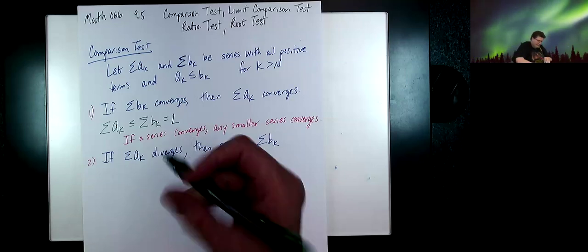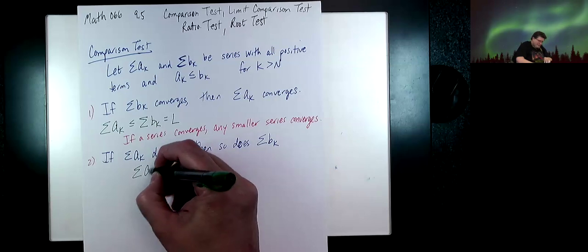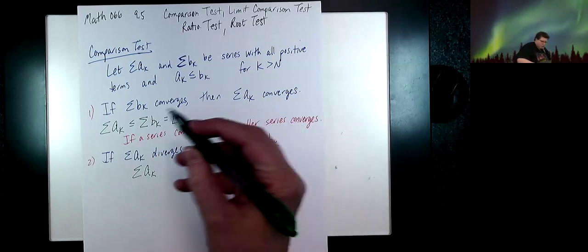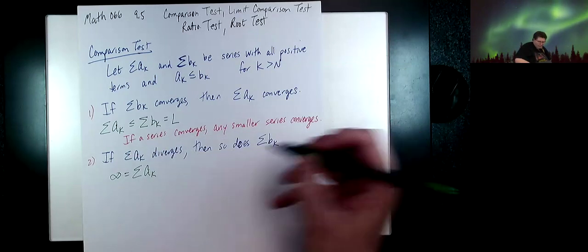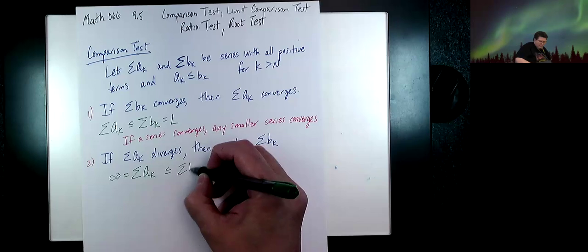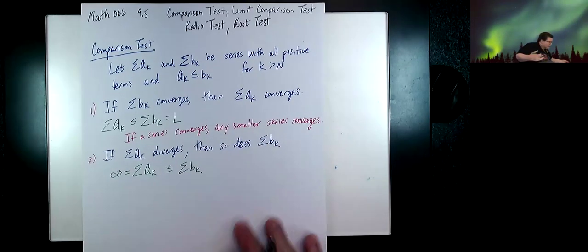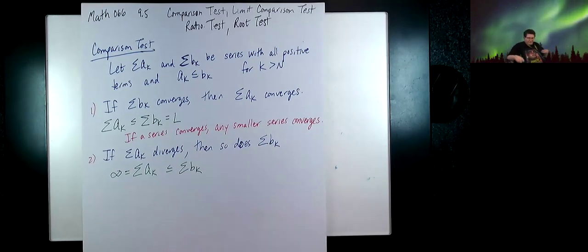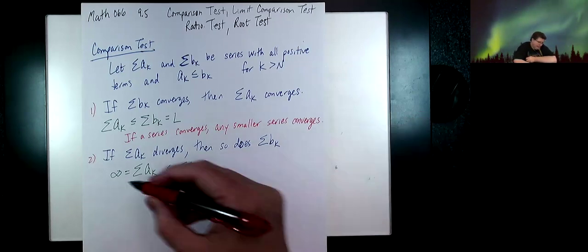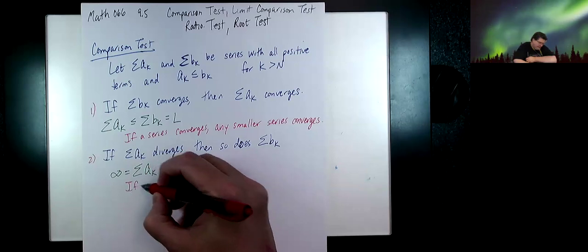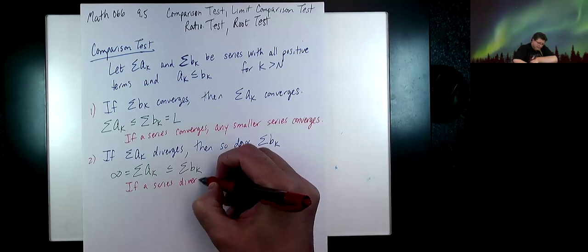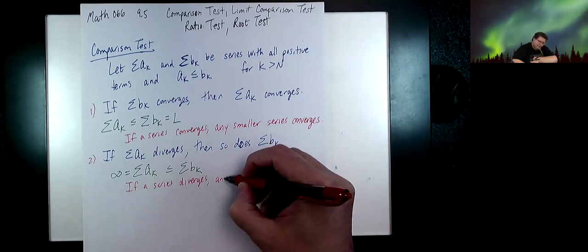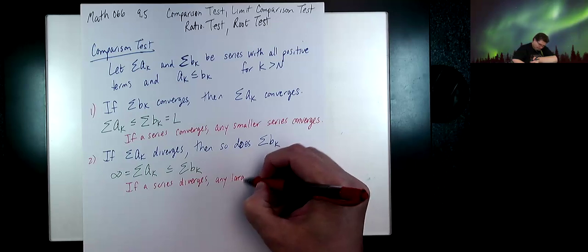The idea here is we have some sum of a sub k, but if it's diverging, it's going to infinity. And if the sum b sub k is larger than it, then it's also got to be going to infinity. And a way to remember this one is if a series diverges, any larger series diverges also.